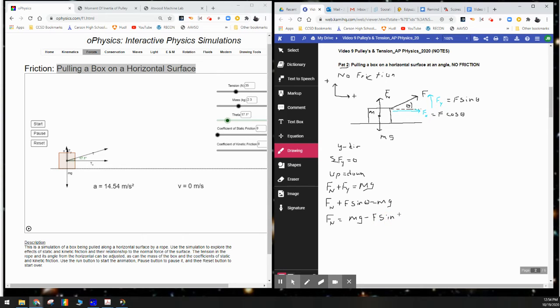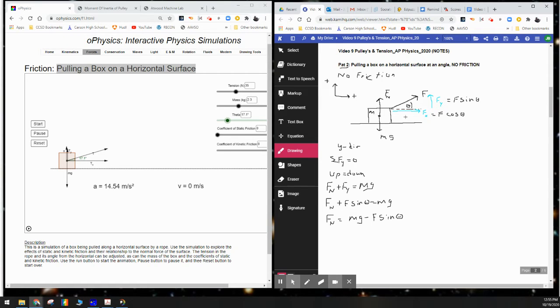Because we're pulling it at an angle, there's this component here that's subtracting from the normal force. So if there was a scale here, the normal force would read less. And intuitively, it should make sense here. Because of this y component, the normal force is less because there's a subtractive effect here. Okay, so now that's in the y direction.